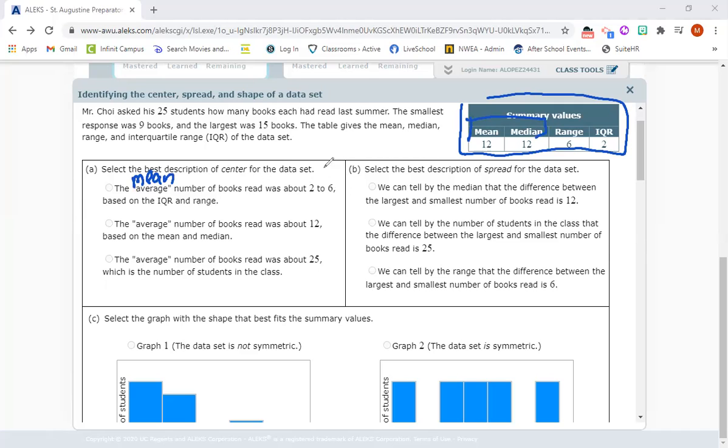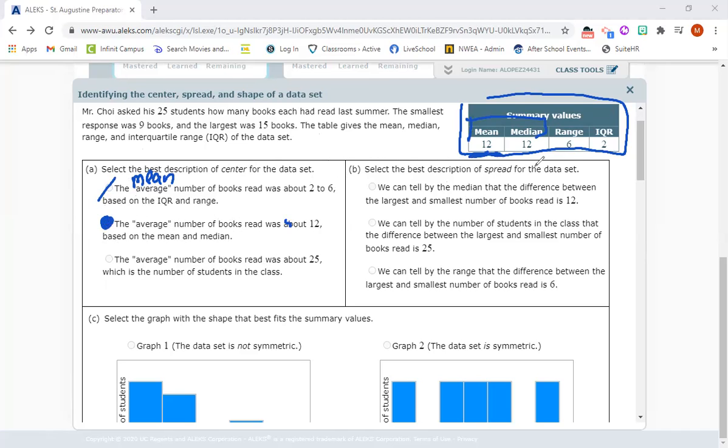If we're looking from 2 to 6, that sounds maybe more like range. The average number of books read was about 12. The mean was 12. So I already know that's my answer based on the mean and median, which are the 2 descriptors that tell me about the center. And then the mean is not 25. The average is not 25.